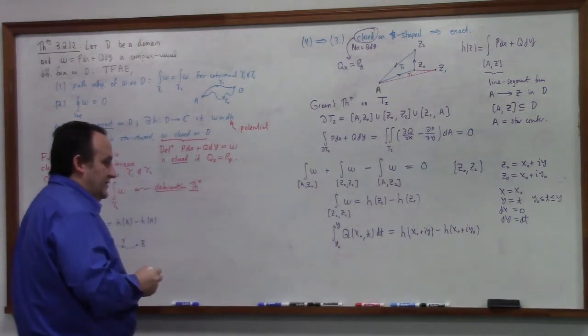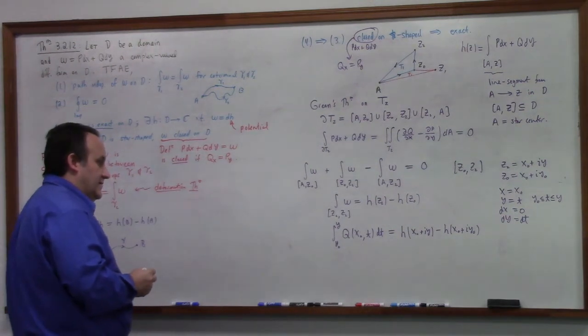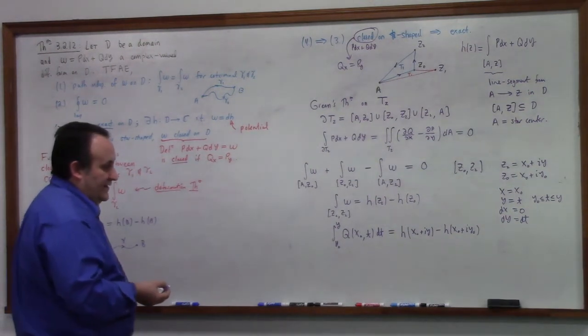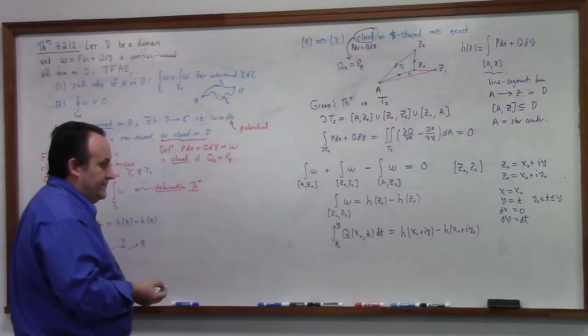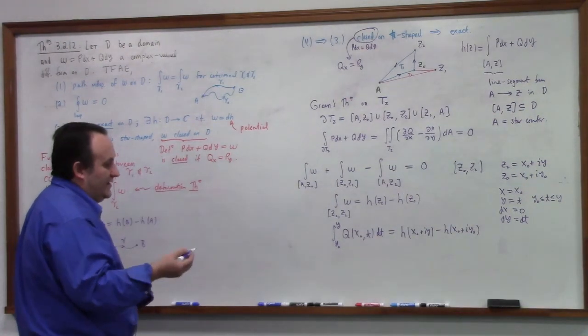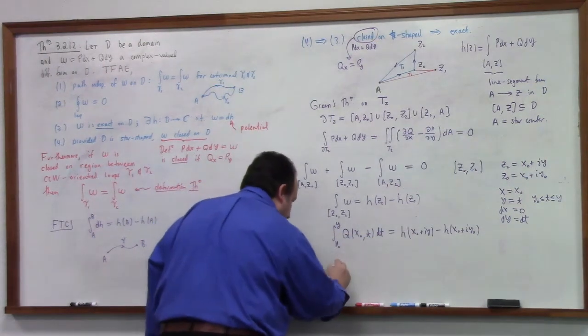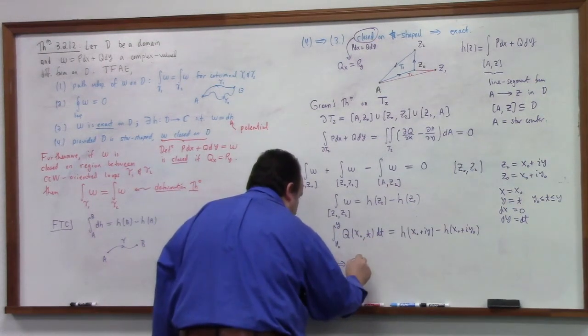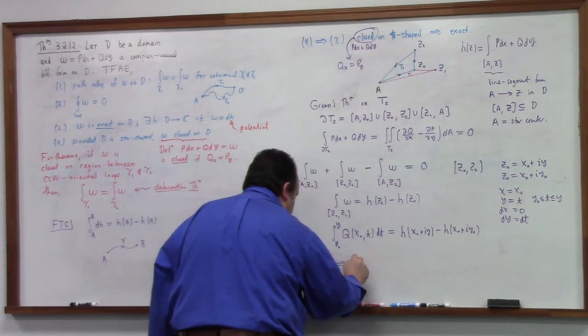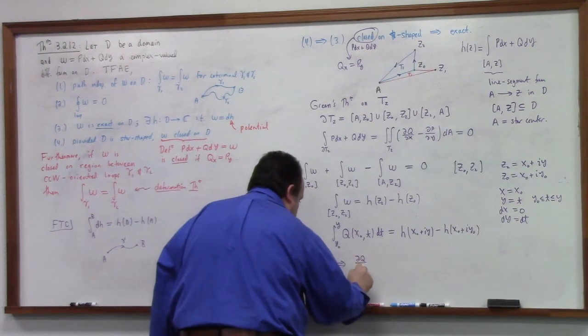So if you want, one thing you could do would be to divide by, well, anyway, the point is if we partially differentiate this with respect to y, we get Q of x naught comma t. Partial q, partial y, right?